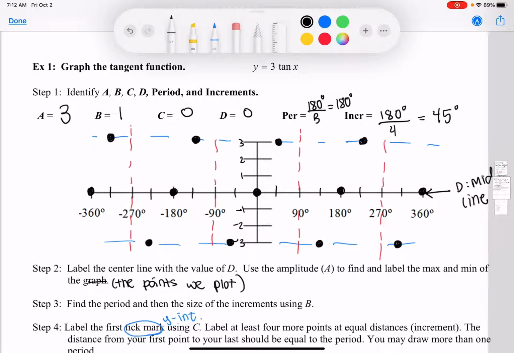Okay, and now I can draw my graphs. So starting from the middle, that was horrible. Looks like a linear line.